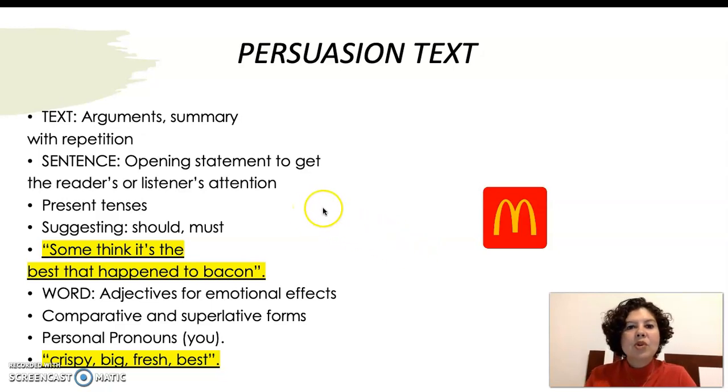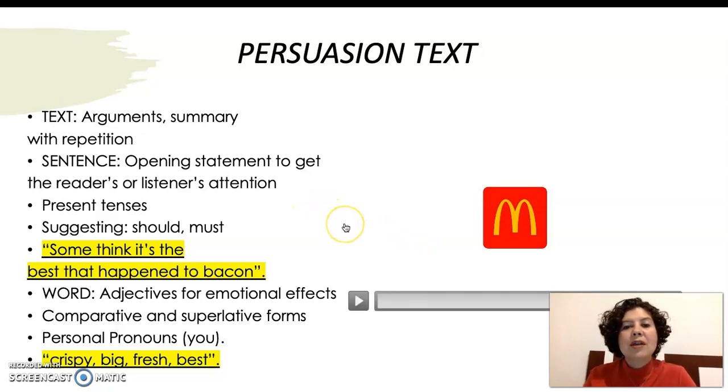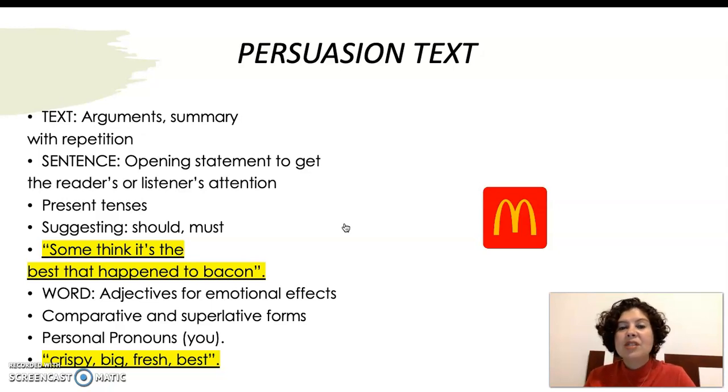Now, I am going to analyze with the student the 3 levels. What do you find in this kind of text? What did you find in the commercial? Well, I found a lot of adjectives. I found superlative form, comparative form, and I found some repetition of ideas. As you can see here, at the text level, we find arguments.